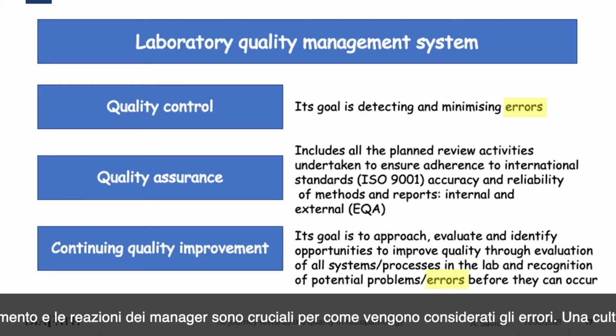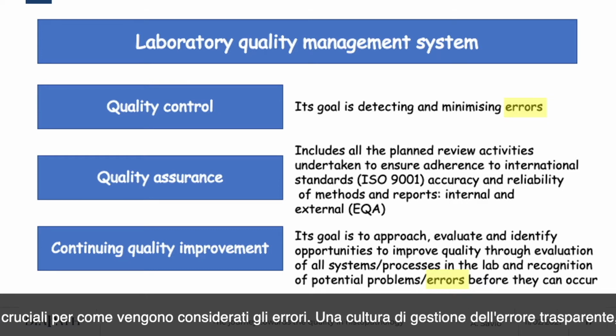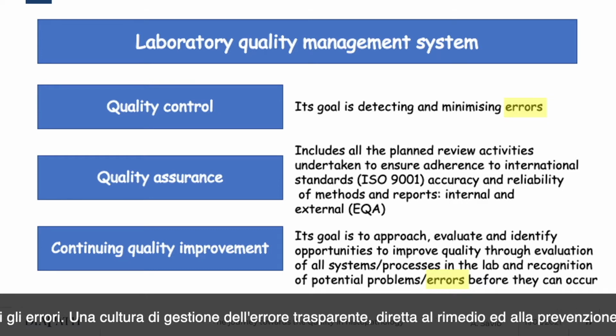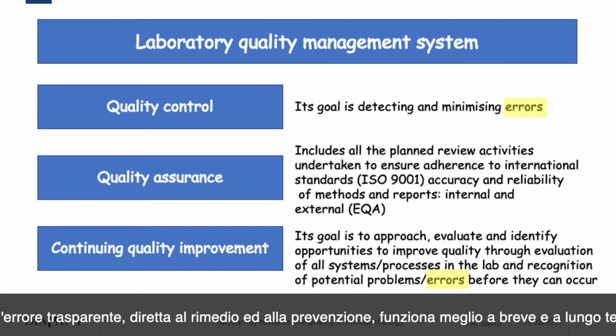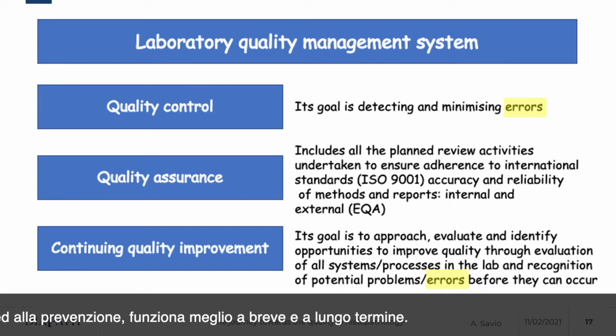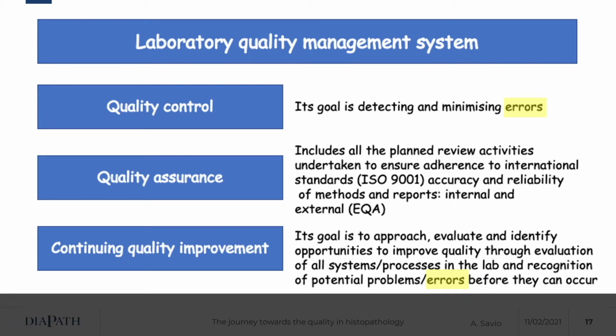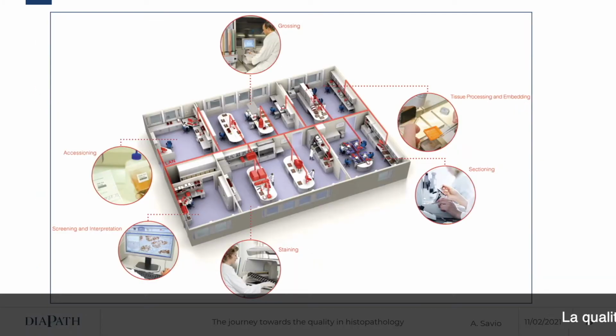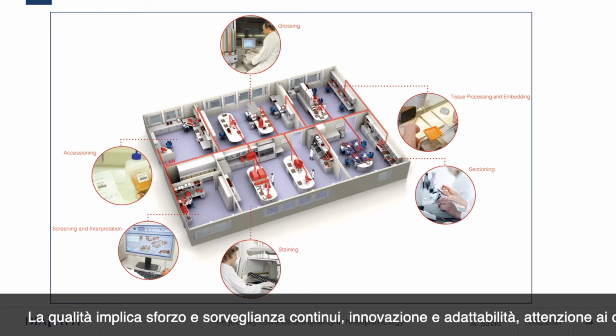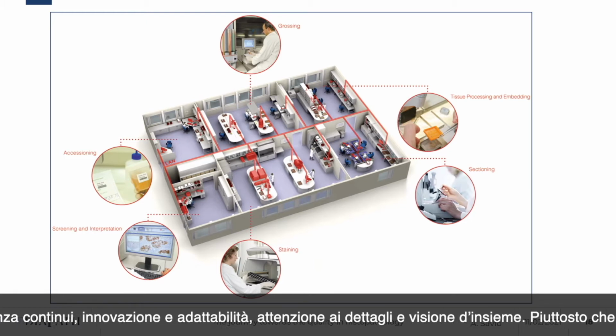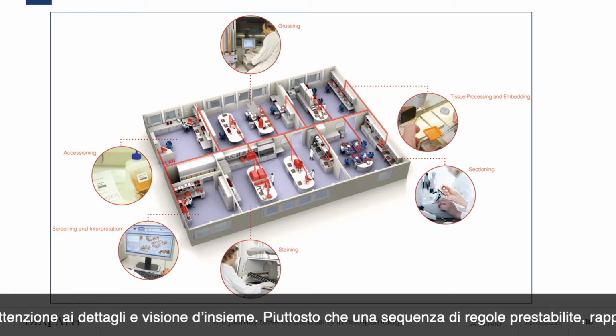The conduct and reactions of managers are crucial for how errors are regarded. A transparent error management culture directed at remediation and prevention works the best in both the short and the long term.